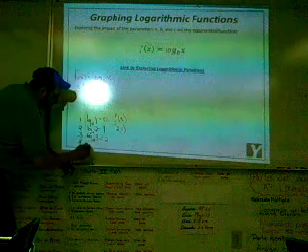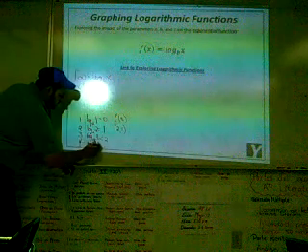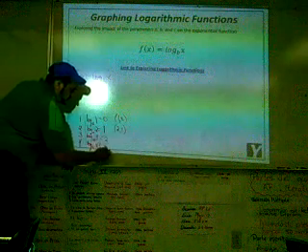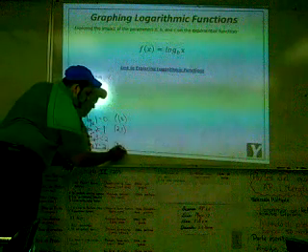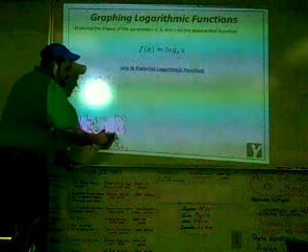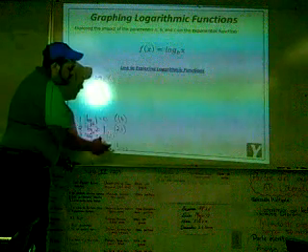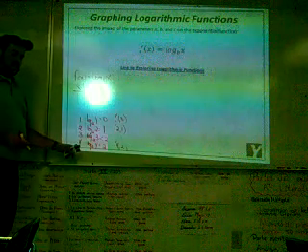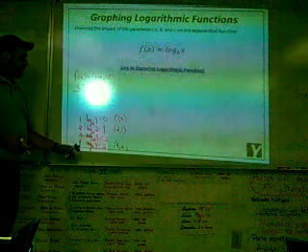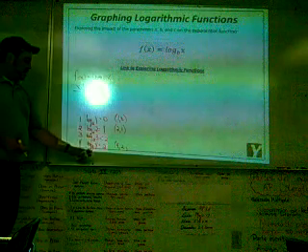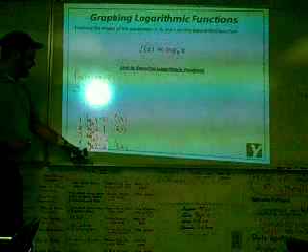Okay. How about 4? Log base 2 of 4. 2 to what power is equal to 4? 2. So now I've got the point 1 comma 0 on there, 2 comma 1, 3 comma something in between 1 and 2, 4 comma 2. As you start thinking strategically about the points that you're going to plug in, it's all going to boil down to, can I figure out the log base 2 of that number?